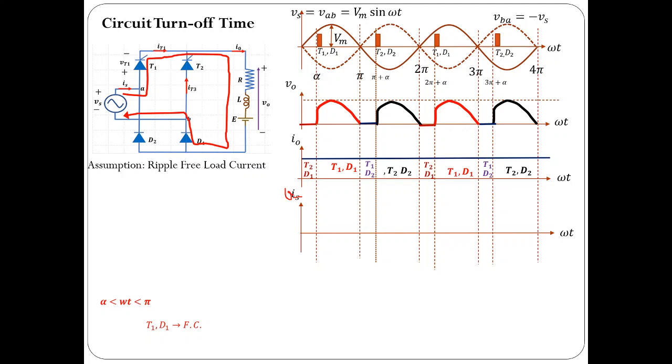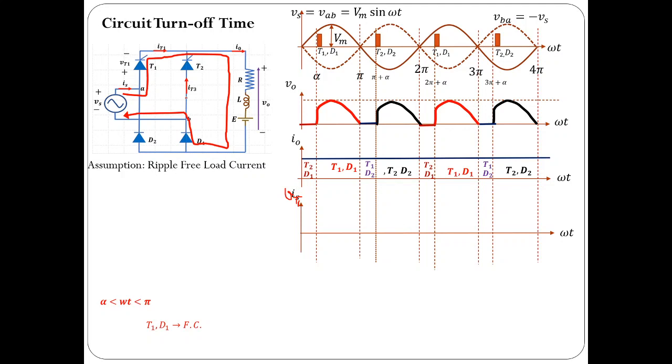I have considered the voltage across thyristor 1 for the complete period, and from that you can find the circuit turn-off time as well as the peak inverse voltage. Of course, the thyristor conduction period is pi radians, as we have already seen in the previous slide. Thyristors are going to conduct, and diodes also, for pi radians.